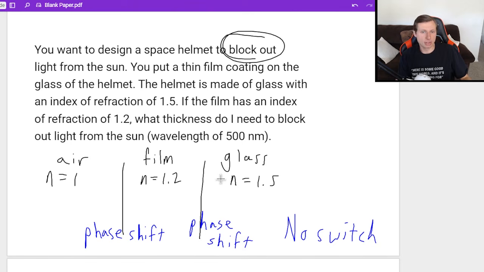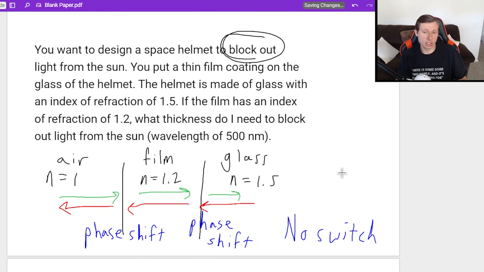Oh, and by the way, for this last one, let's say you wanted to go for light going the other way. Let's say you didn't know which way light went. You wanted to go this way instead. That's fine, because since you're going lower both times, that means there are no phase shifts and there's no switch again, because there are no phase shifts when you go from a higher to a lower. So regardless of which direction I'm going, you'll get the same answer anyway.